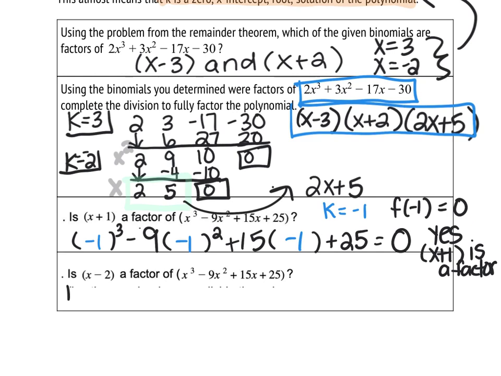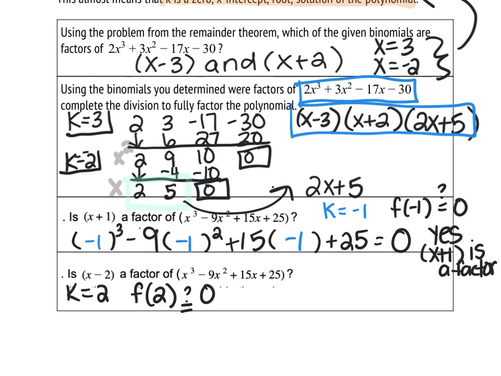All right, so my k value for this one is going to be positive 2. It's asking if I plug in 2, does this equal 0? That's the big old question mark.